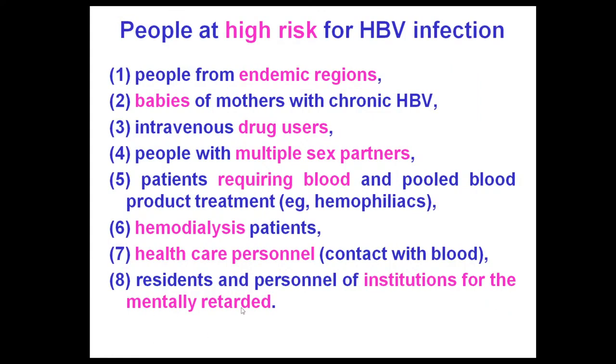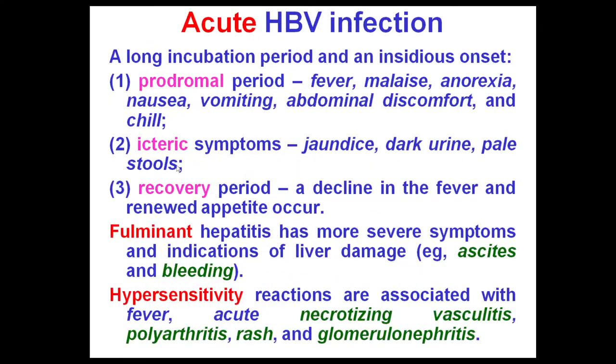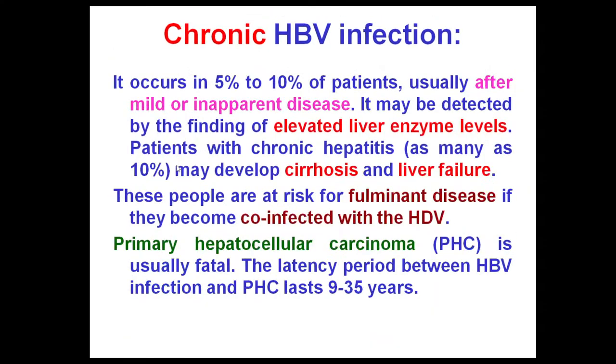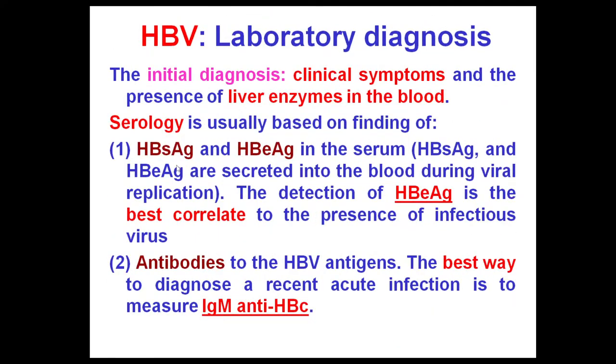If you take a look at medical students, they are at very high risk. Some of them can be drug users or have multiple sex partners, and they may be exposed at work. So it is very important to be vaccinated, because the vaccine is developed.